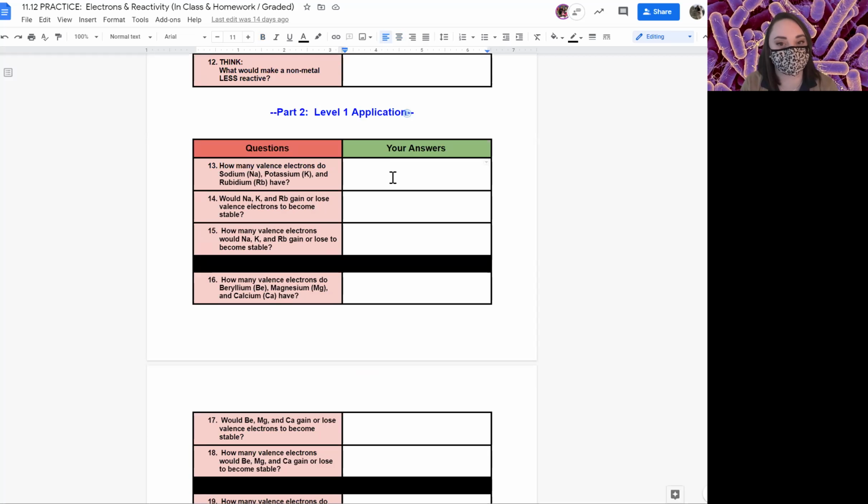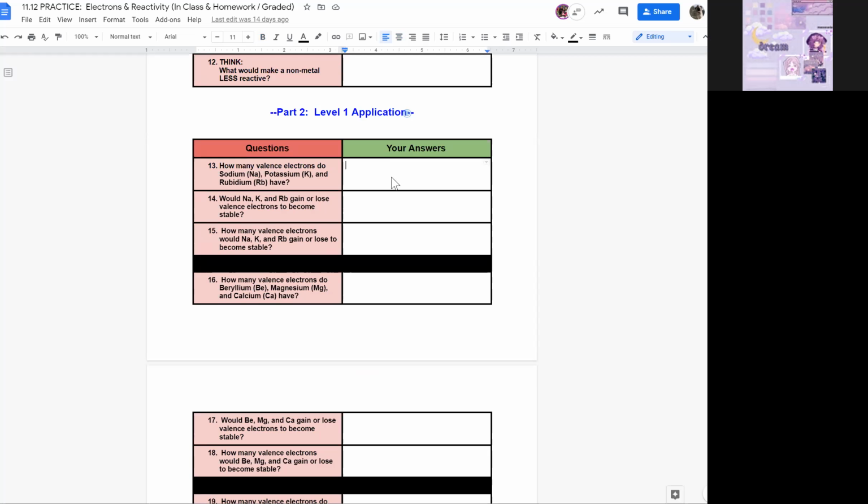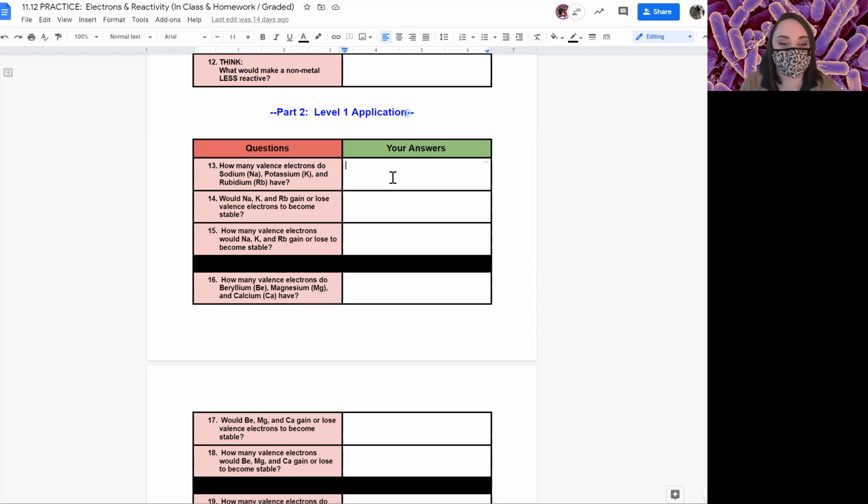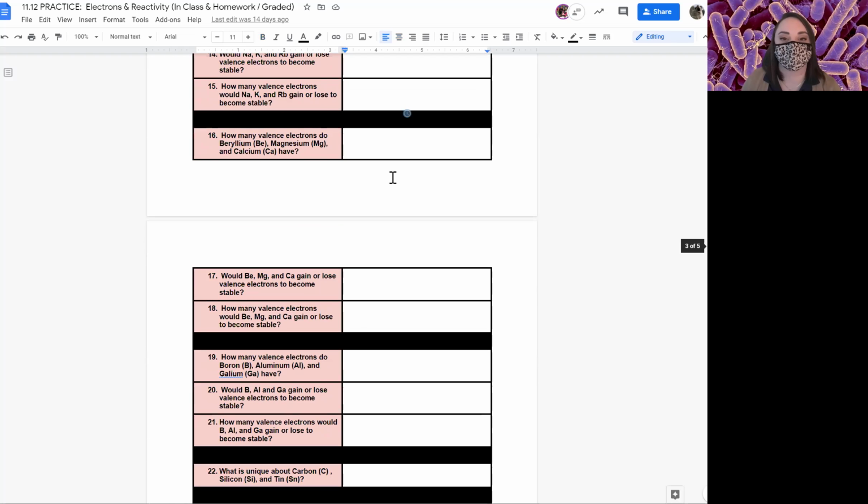Number 14, would they gain or lose valence electrons to become stable? They lose, good. And how many would they lose? 1, very good. Number 16, how many valence electrons do beryllium, magnesium, and calcium have? Good, 2 valence electrons because they're in the second column, or group 2.